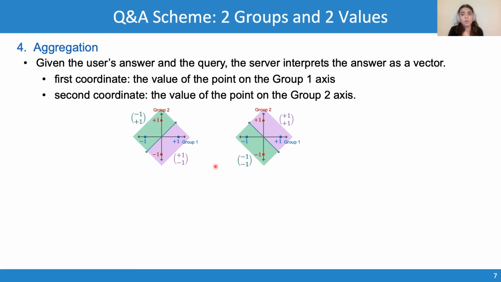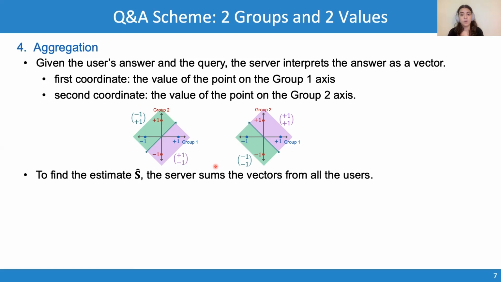Here we show how all possible answers are interpreted, and notice that they all have two important properties. The coordinate corresponding to the user's group always has the correct value. And the other coordinate is a uniformly random value, +1 or -1. And this follows from how the queries were designed and assigned with equal probability.